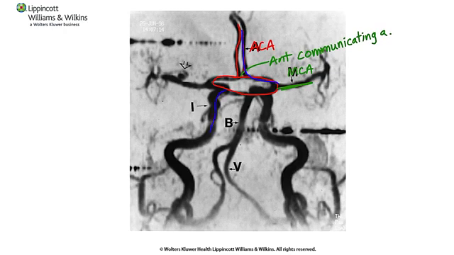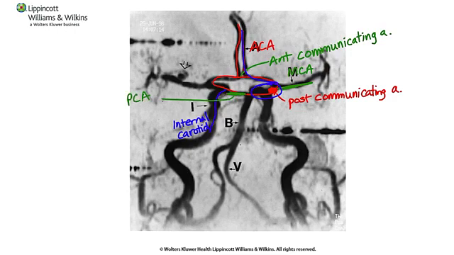And this great big fat artery is the internal carotid, which means that this, on the patient's left facing you, is the posterior communicating artery. And somewhere in here is the posterior cerebral artery, but they kind of get all jumbled up. But this big one over here on the patient's right must be the right posterior cerebral artery.